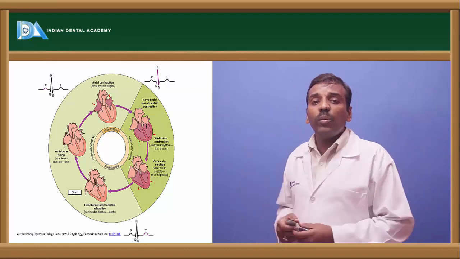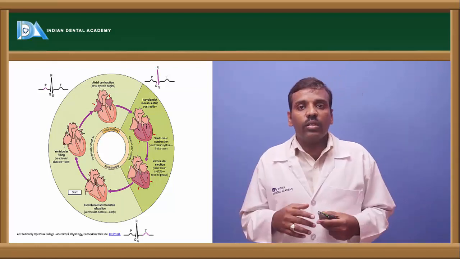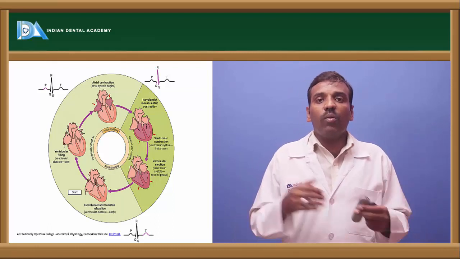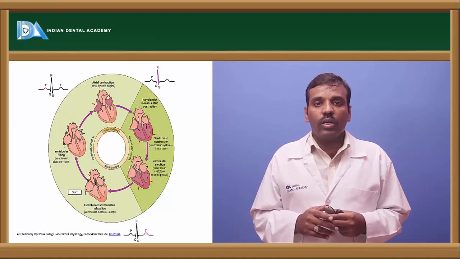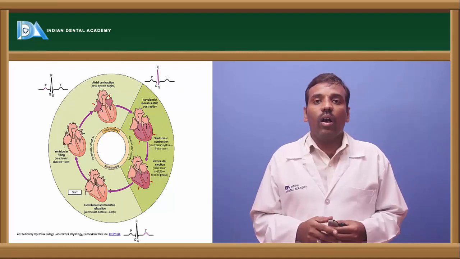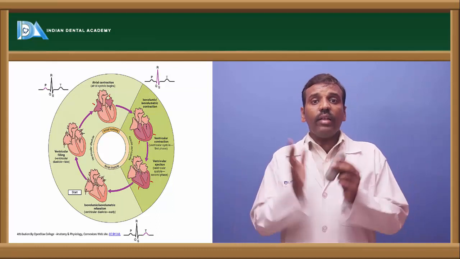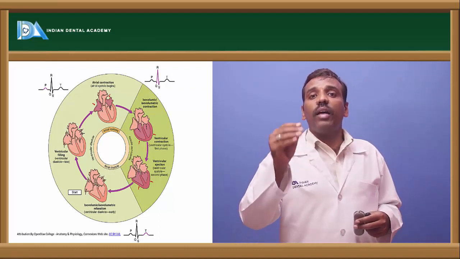In case of the isometric contraction, what happens? The bicuspid valve and tricuspid valve are closed, and the pulmonary valve and the aortic valve are open. And then there is a contraction and the blood is ejected out. That is the ejection period.